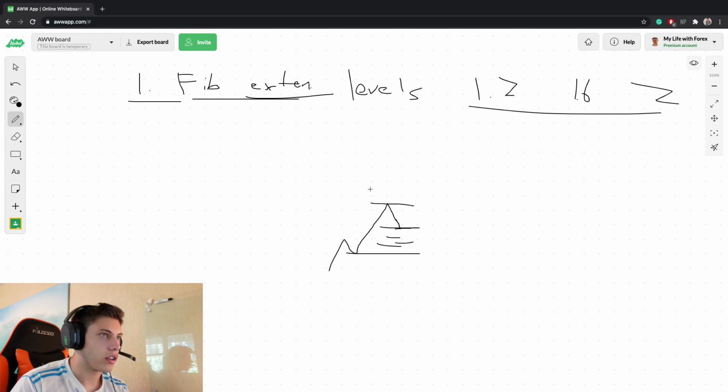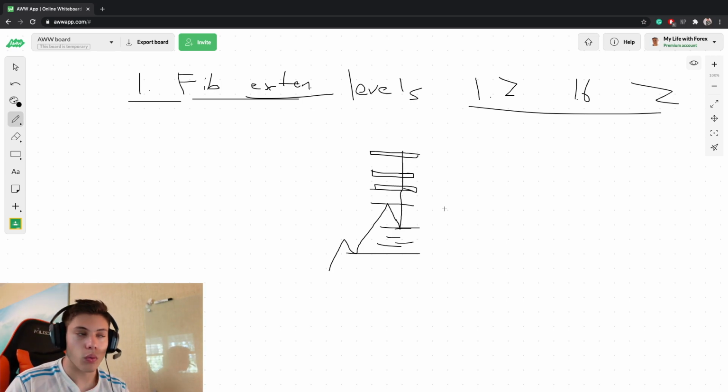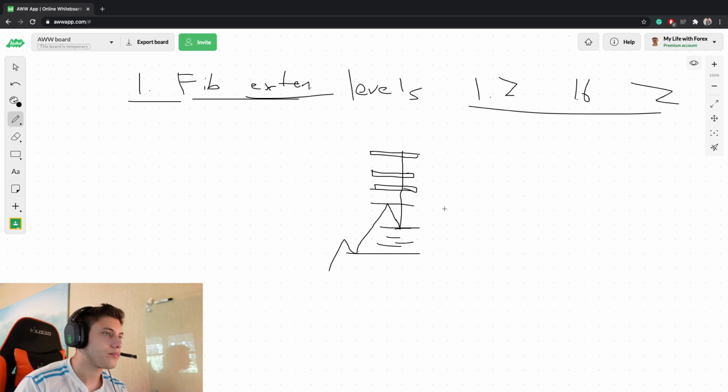So it might look like here's the 1.2, here's the 1.6, and here's the 200% level. So this could be your first target, second target, third target. You take some partials there. Maybe you even want to get out of the trade there, or you want to let it run, get to this level, let it run, get to this level, right? So that's a very popular way to set targets.